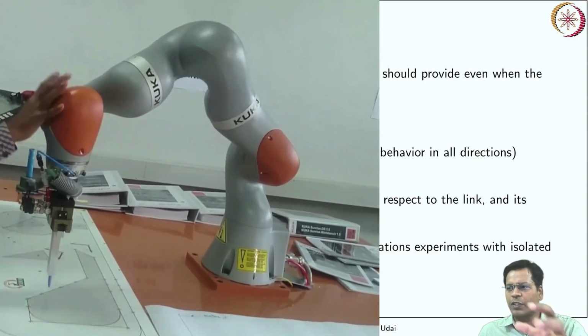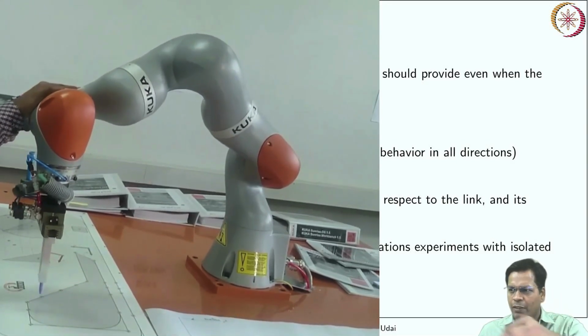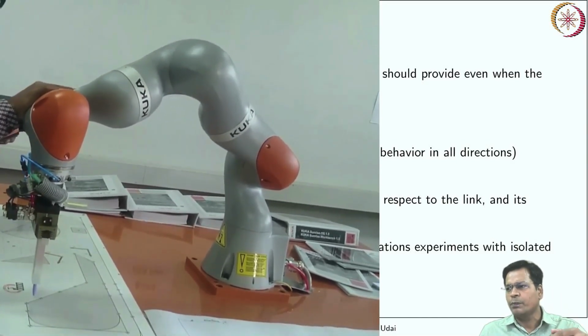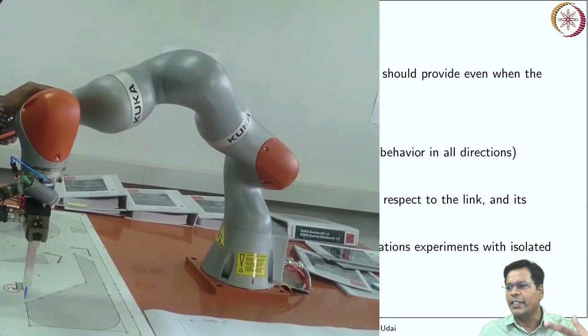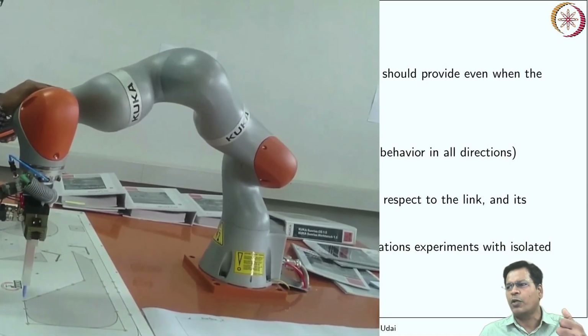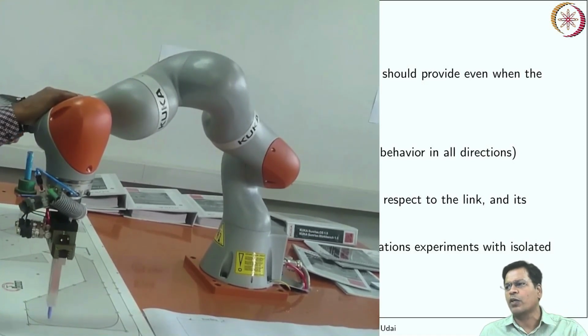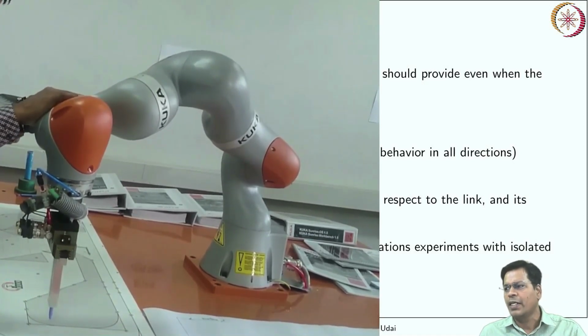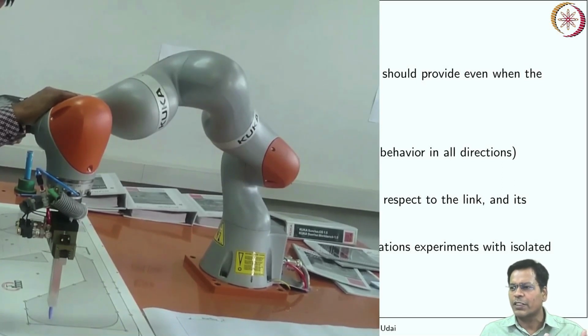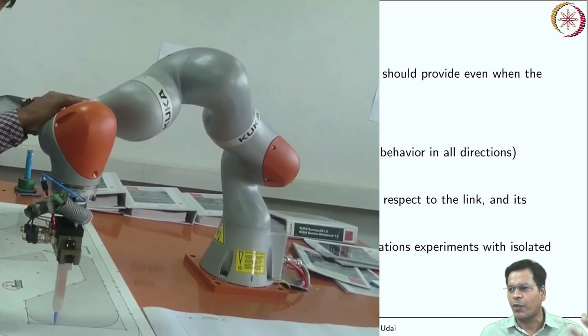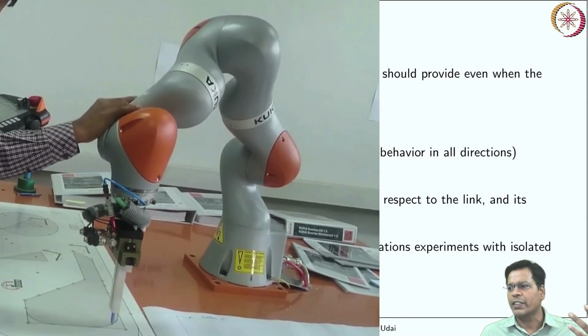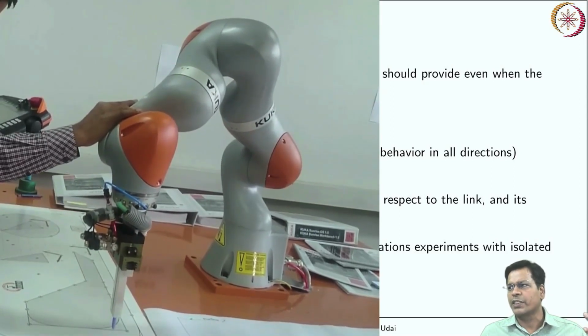I am taking it to different locations on the path I am trying to follow. This is lead-through programming: I can drag the robot to the desired location, teach those points, and the robot will record them and repeat. This manual teaching is possible because the robot is totally gravity compensated.